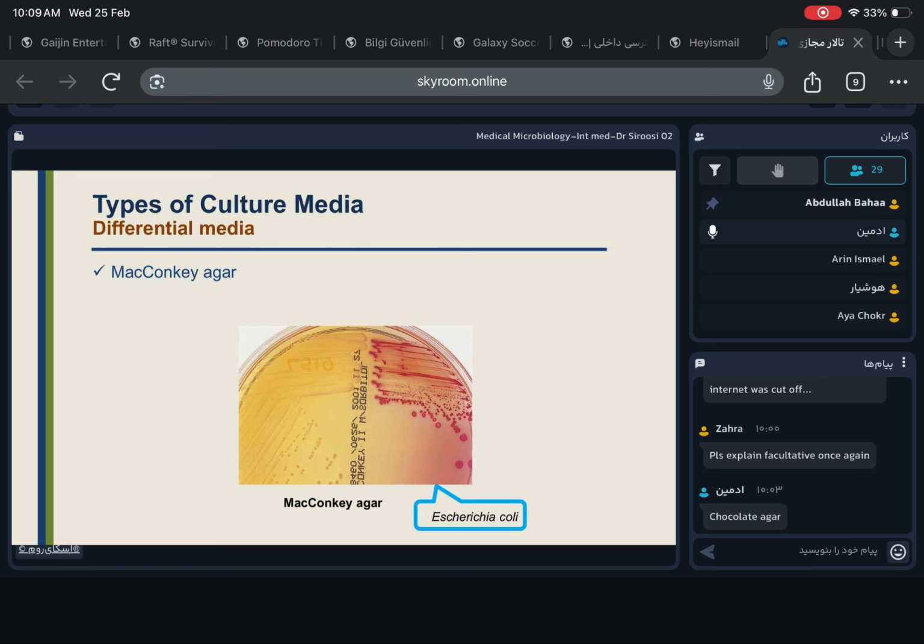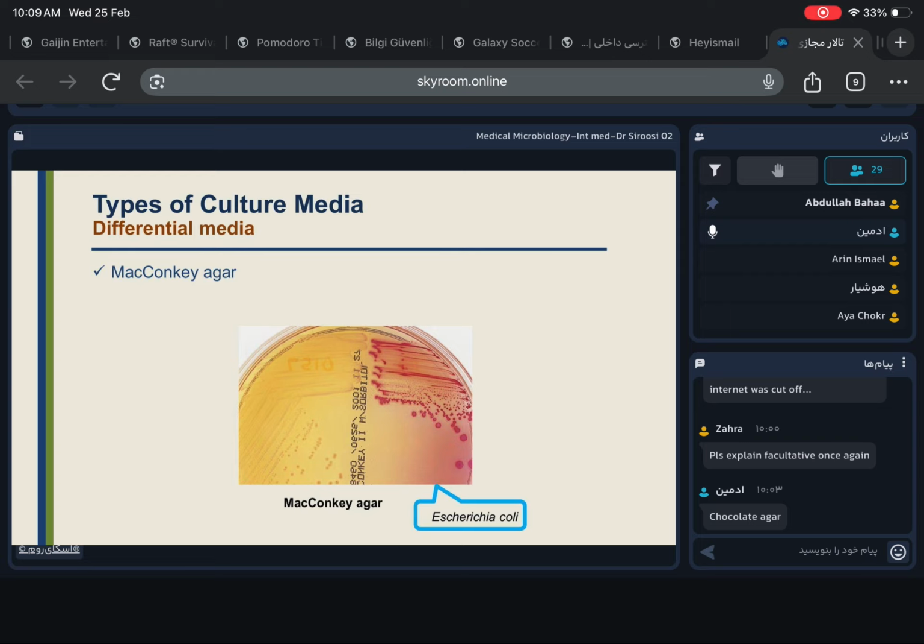For example, Escherichia coli here is able to use lactose in its metabolism. So it means that it's able to decrease the pH of the culture medium, and if this happens, it changes the color of its colonies to pink.